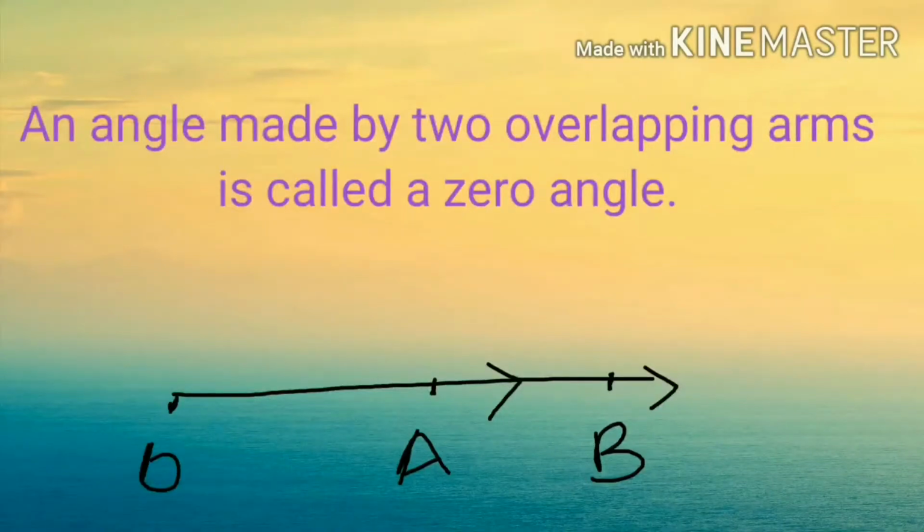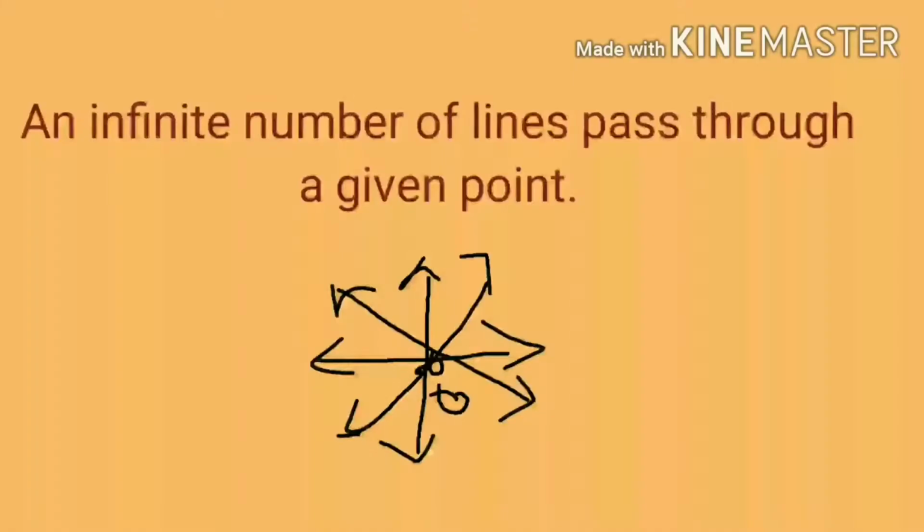An angle made by two overlapping arms is called a zero angle. An infinite number of lines pass through a given point. Here, from point O, we can draw many lines.